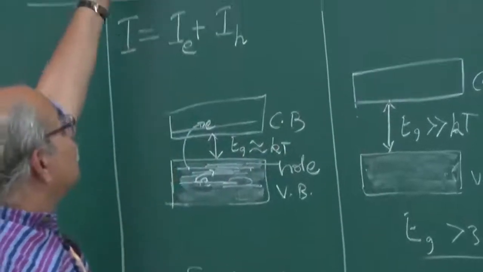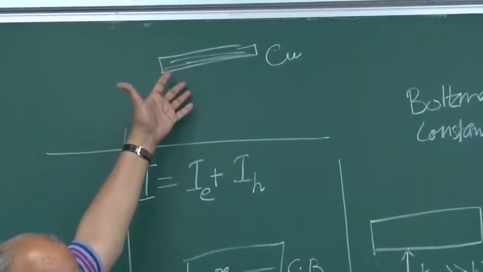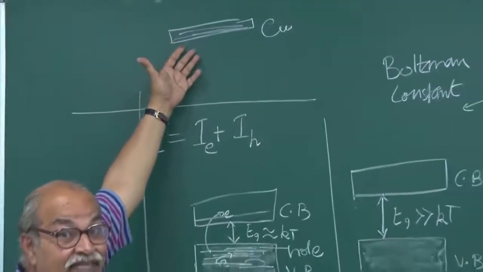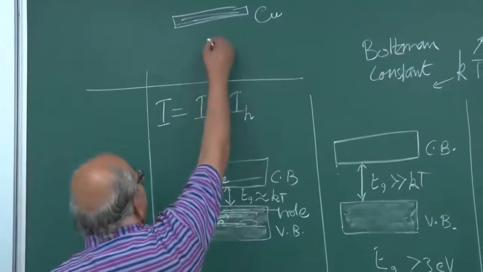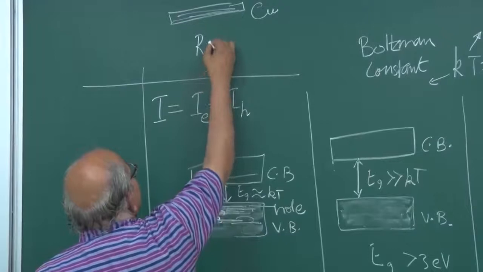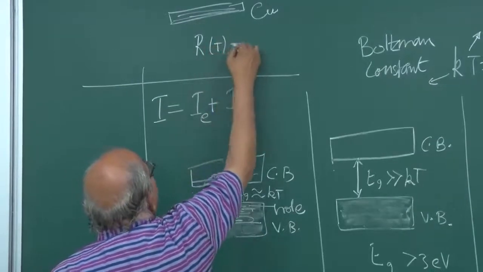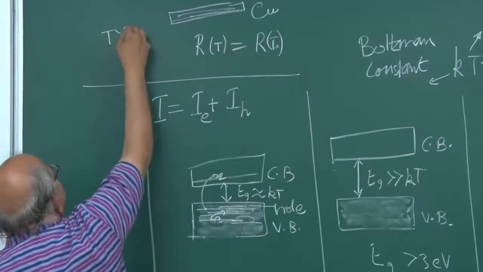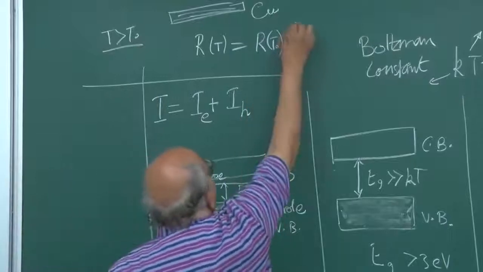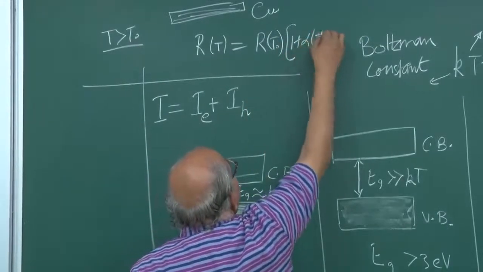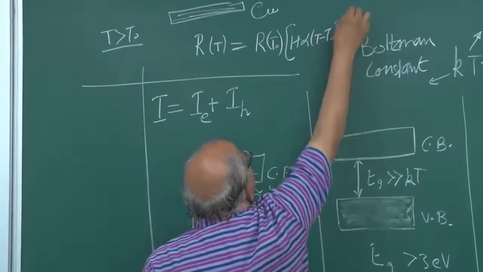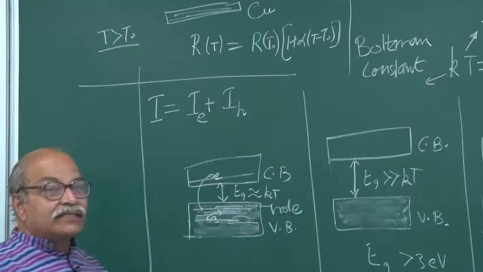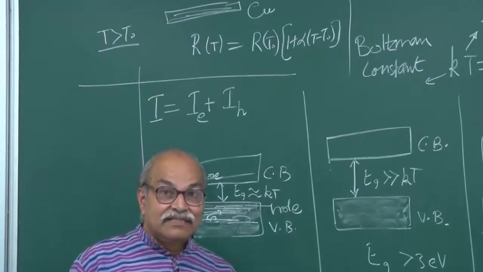So if you have a copper, aluminium, nichrome or tungsten wire, which are good conductors, and you raise the temperature, then the resistance at some temperature T is equal to the resistance at some lower temperature, if you heat, times 1 plus alpha times (T minus T naught). Correct? You must be knowing this equation. This alpha is known as the temperature coefficient of resistivity.